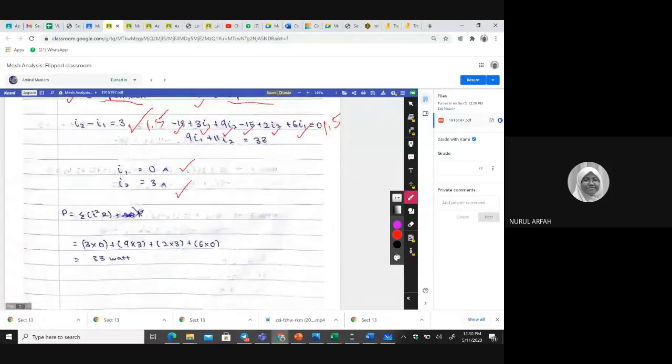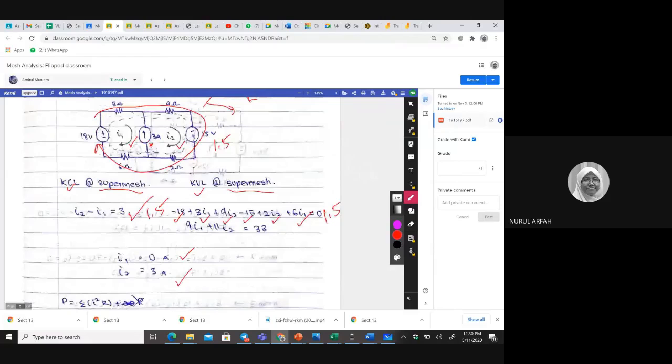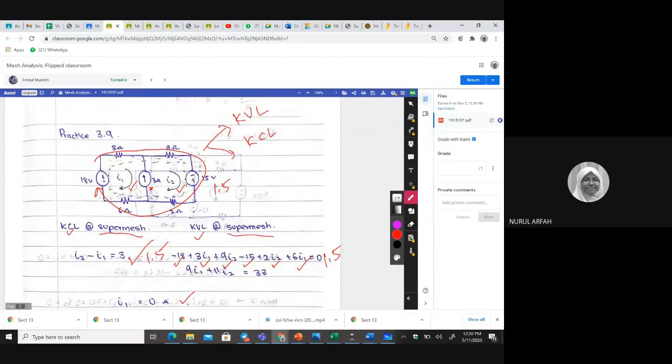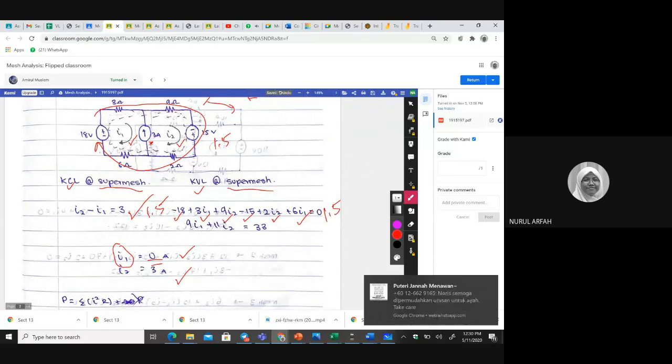Okay, and then power. How do you get power equal to 33? This one is by looking at your I1 and I2. What is I1 equal to? 0, right?